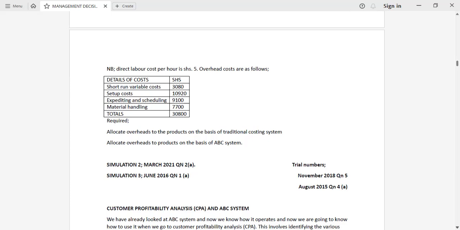Simulation number 2 comes from March 2021, question 2A, and simulation 3 comes from June 2016, question 1, part A. We have also trial numbers, but as we said, we are going to start with class examples, a simple example that will help us get the basics before we dive into the past paper numbers.